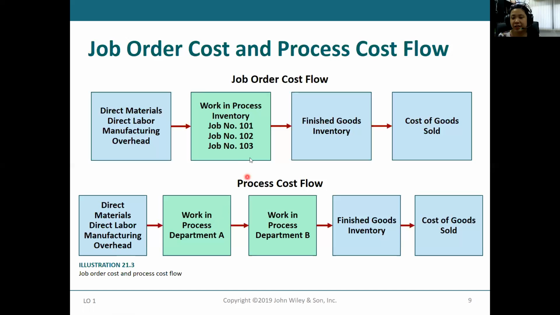So again, for job order costing, only one work in process, and it will be for many jobs. But for process costing, there will be many work in process accounts for different departments or different processes.